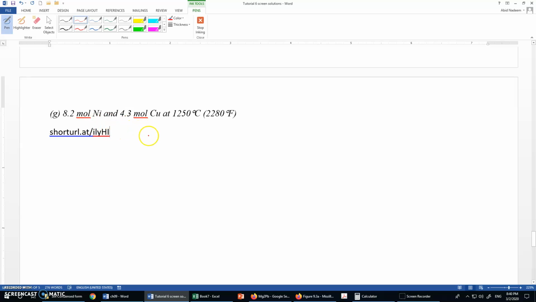We know that the atomic weight of nickel is 58.69 gram per mole, and the atomic weight of copper is 63.55 gram per mole.